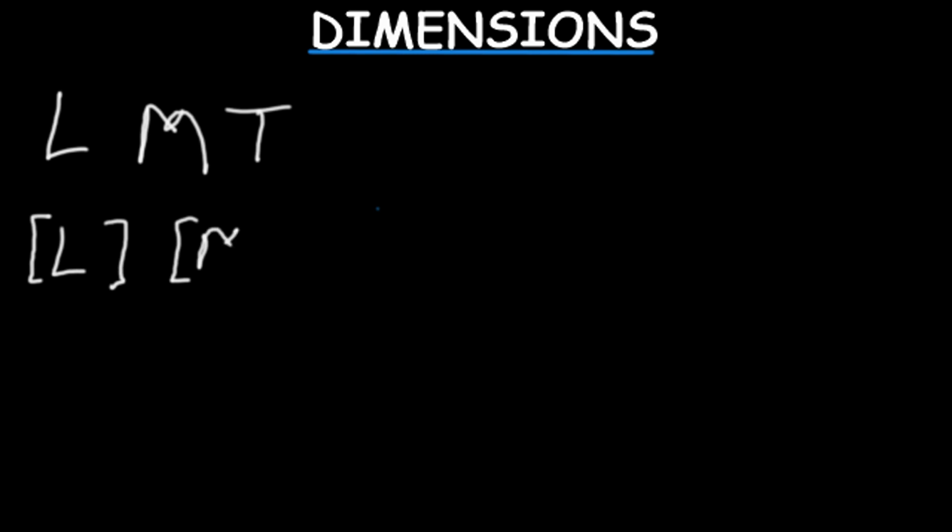The symbols that are used to specify length, mass, and time are L, M, and T. But these three different symbols are usually enclosed in a closed bracket, so they should be enclosed with a closed bracket as [L, M, T].